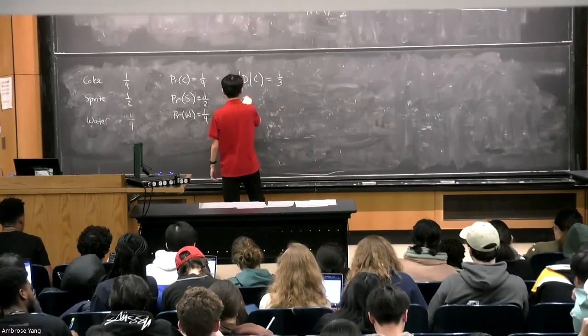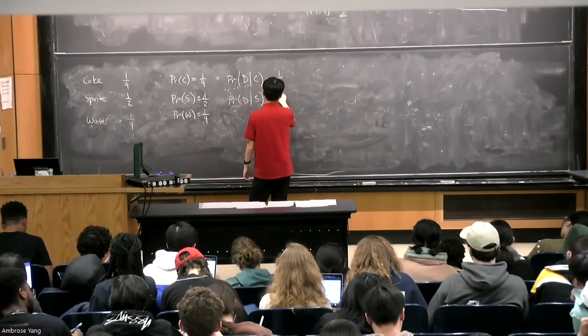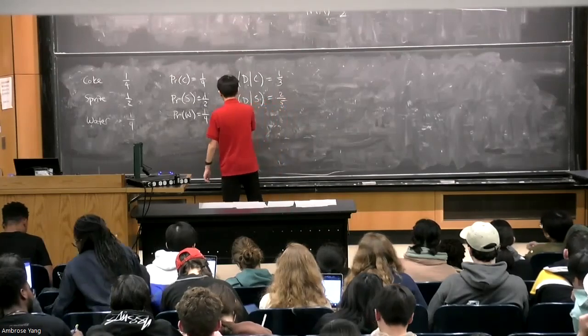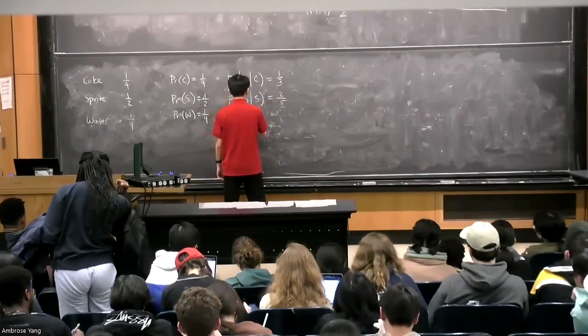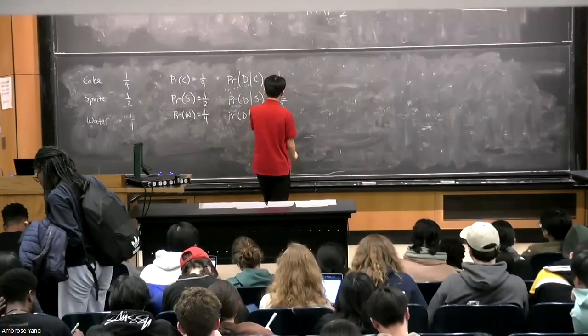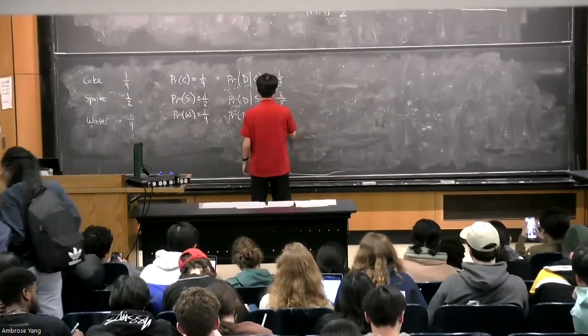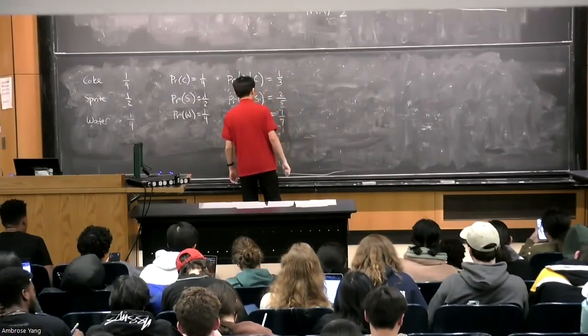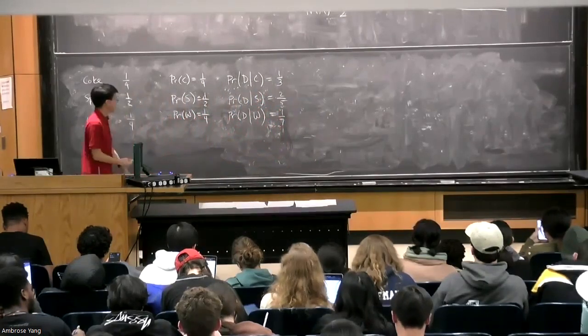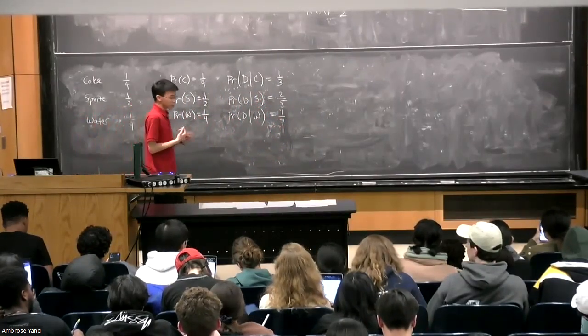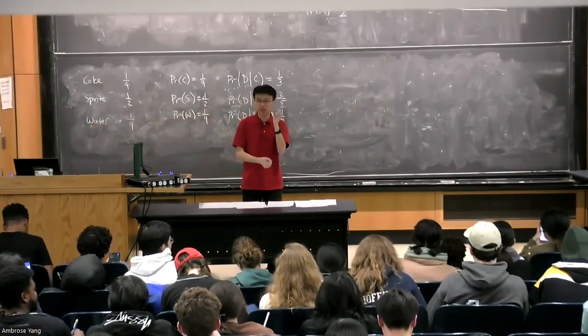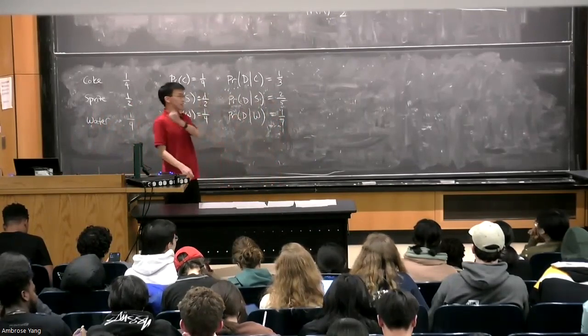Probability he drinks it given Sprite, let's say that's 2/5. Probability that he drinks it given that he gets water is 1/7 maybe. And we want to find out what's the probability he gets a Coke, given that he drank it.